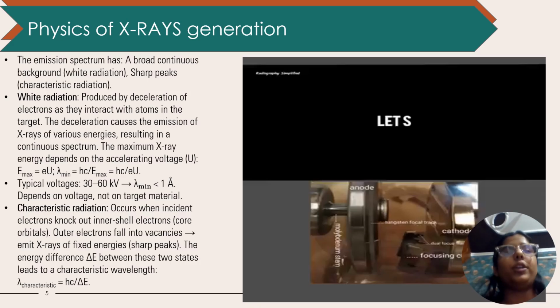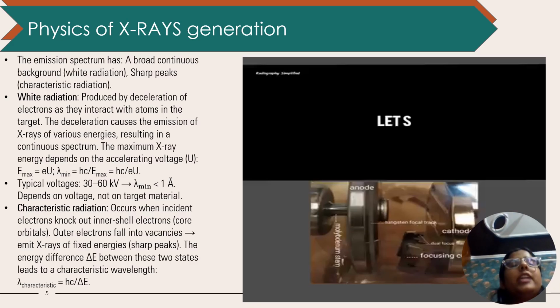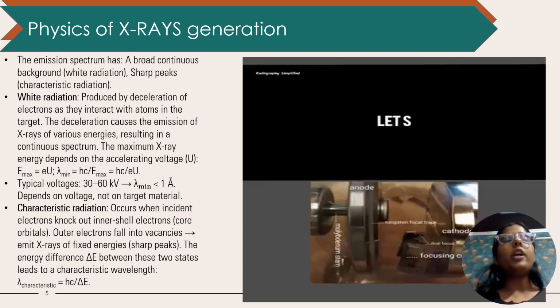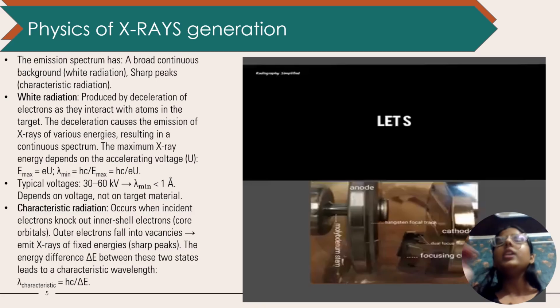This is the source of white continuous X-rays, and the energy depends on the accelerating voltage and not on the target material. This dominates when electrons are not energetic enough to cause inner shell ionization.